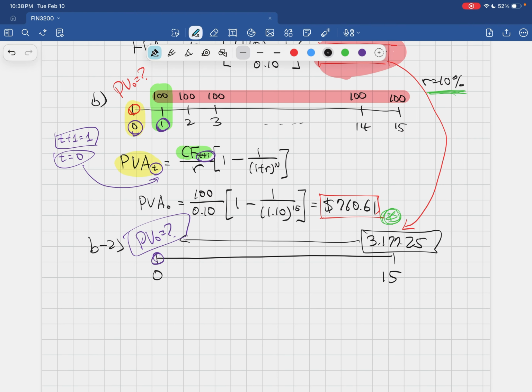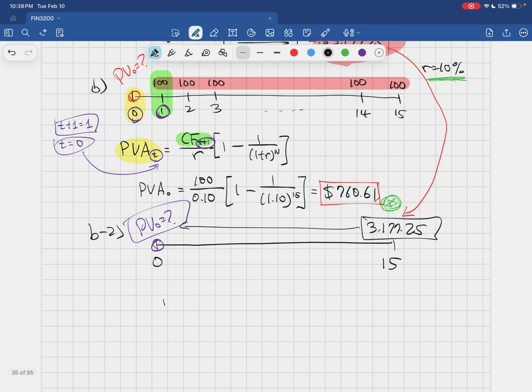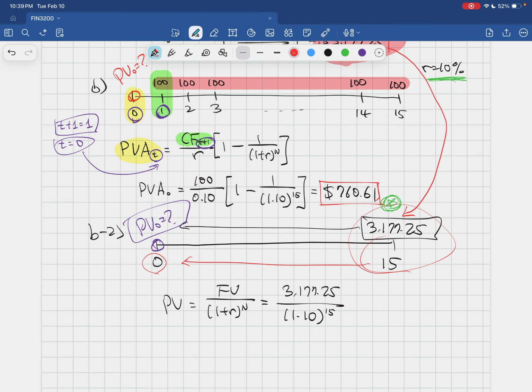We can use the PV formula, which is PV equals future value over 1 plus R to the nth power. The future value is 3177.25, R is still 10%, and N is also 15 years. We're discounting this value back to time 0, 15 periods. If you do the calculation, you'll get the same number as we did using the PVA formula.